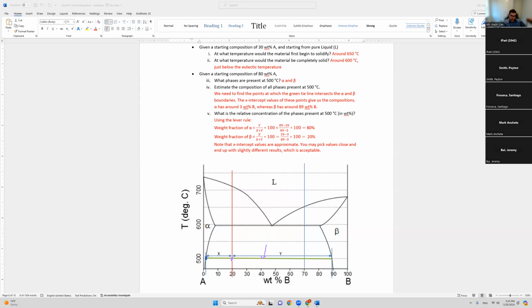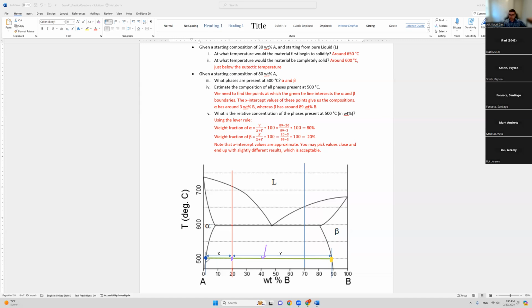So this is the intersect of the solvus for this alpha region. And this yellow is the intersect for the solvus for the beta region. After I find these intercepts, I look at the x-intercept values. And those intercept values will give me the composition of the phases.